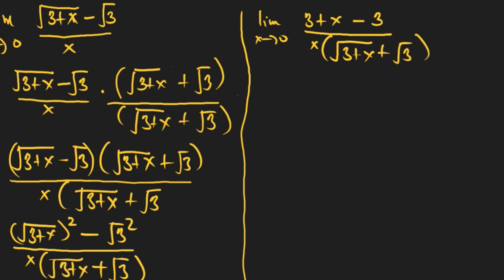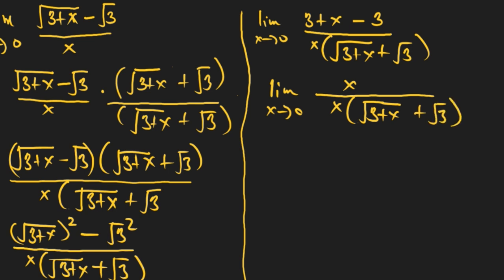When I evaluate the top one, I group like terms, so 3 minus 3 gives me 0. So I'll be left with the limit as x approaches 0 of x all over x into brackets root 3 plus x plus root 3. Now x over x, x cancels x, giving 1.